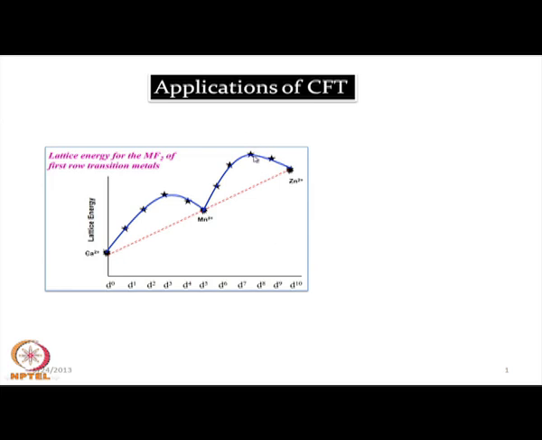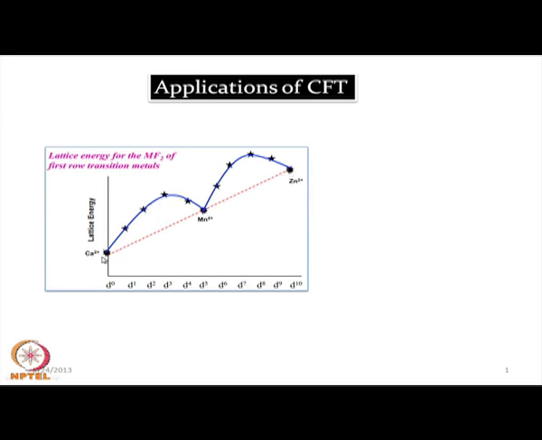Similarly, beyond d8, when it is pairing up, and the situation is completely half filled for manganese 2 plus, the situation is like calcium 2 plus. From here the double hump curve forms again, with one electron, two electrons and three electrons in the t2g level, then one in the eg level and the second also in the eg level.